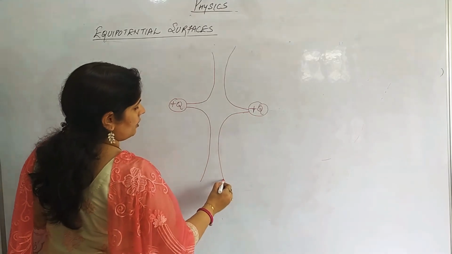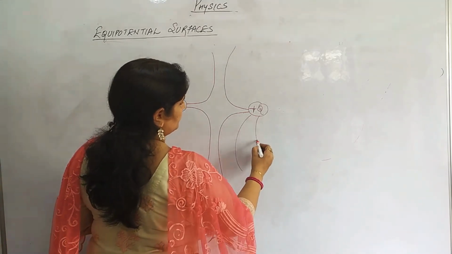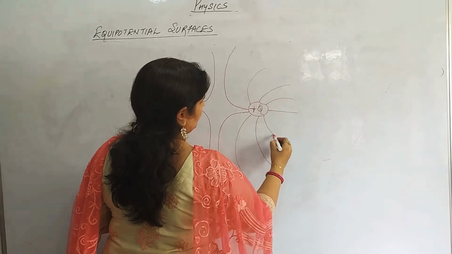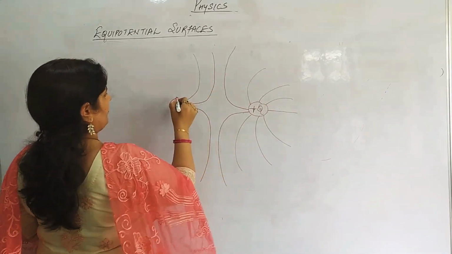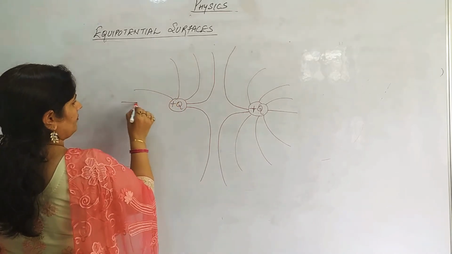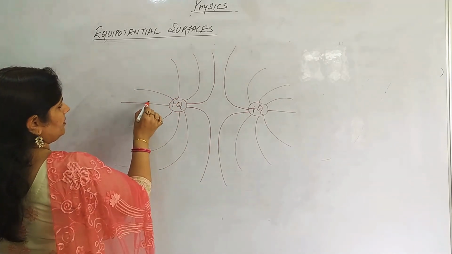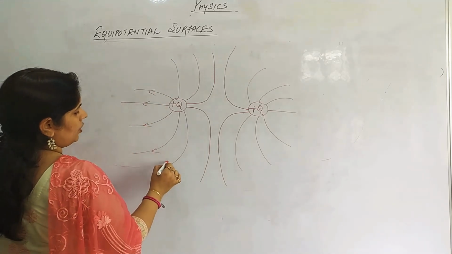We have discussed them earlier. That is how the electric field lines are outwards.